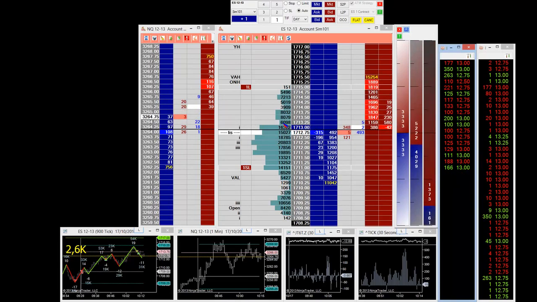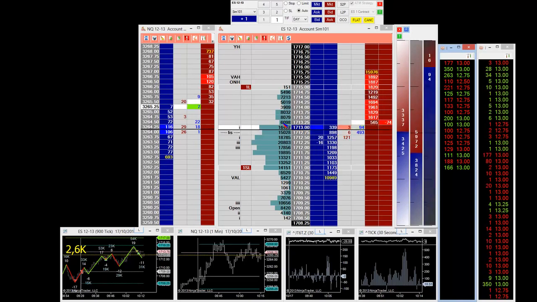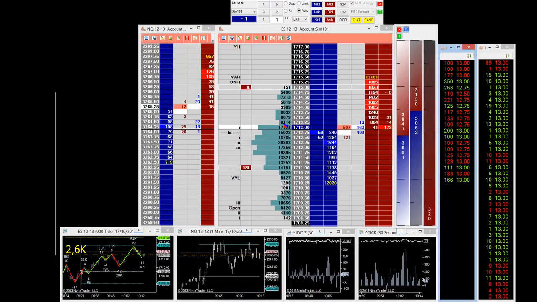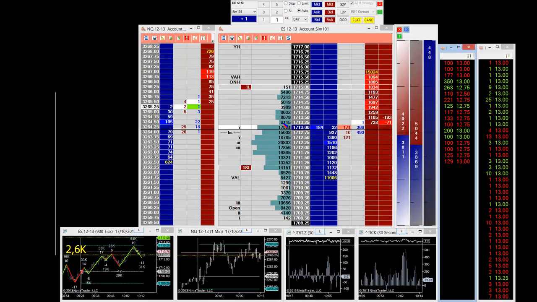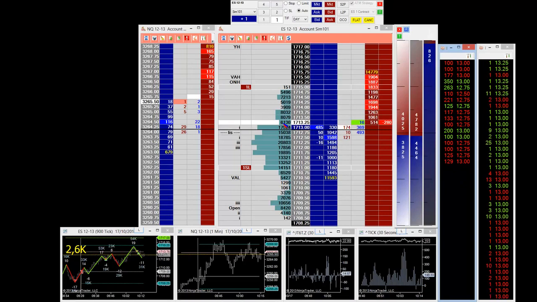The market's given us a second chance to get out, purely because when you get to an area on the volume profile where a lot of contracts have traded before, you're going to see a lot of contracts trade again, and it's going to get very rotational. It's going to start moving around. It's not going to be very directional. So we've entered this trade, we've been in it a few minutes now, and still we see nothing.